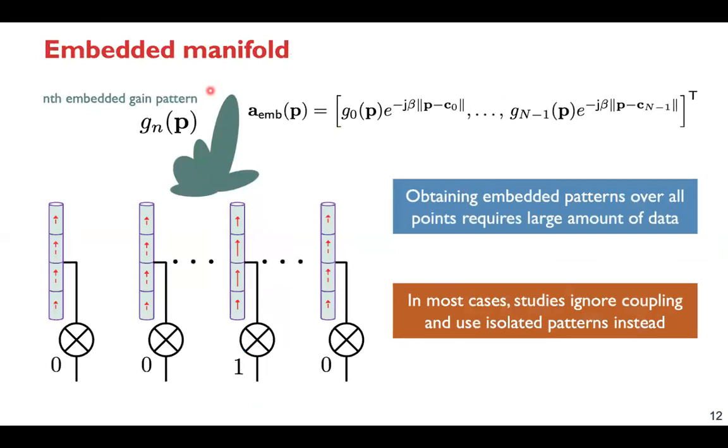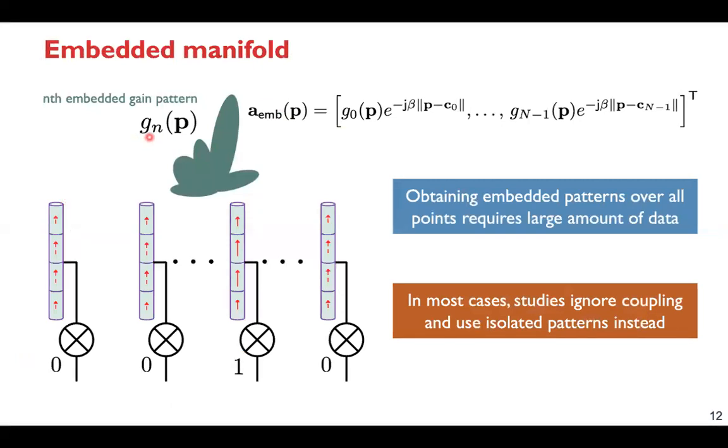A more accurate approach here would be something known as the embedded manifold, right? This is an extension of that pattern multiplication approach, where instead of saying that each of the antennas has the same gain pattern, we're now allowing each antenna to have a different gain pattern, right? And this would be true because the presence of other antennas in the array will actually affect the gain pattern of any individual antenna, right?